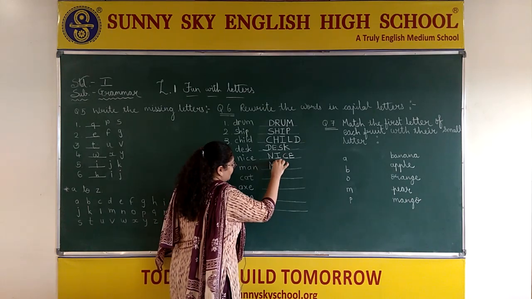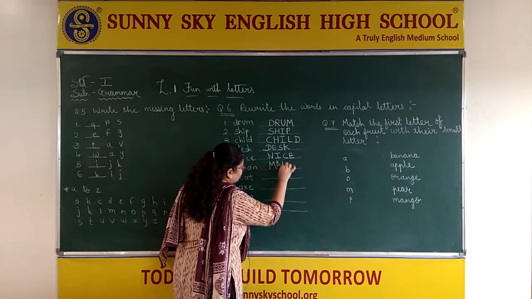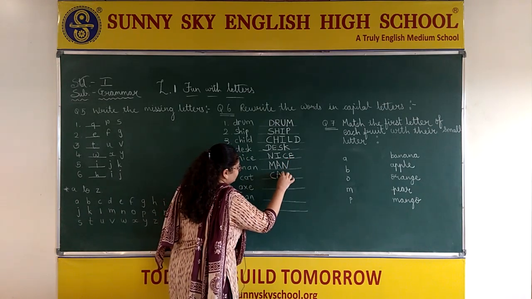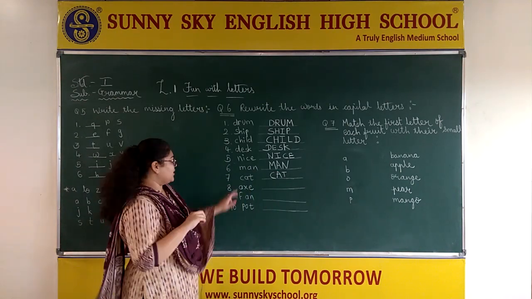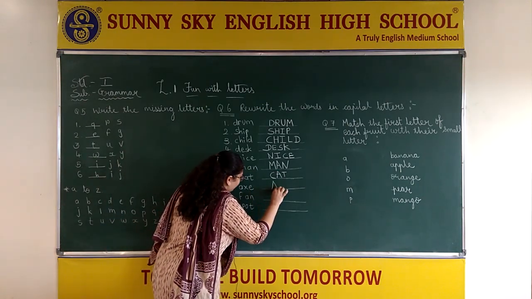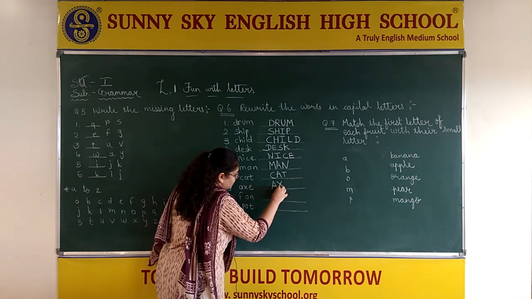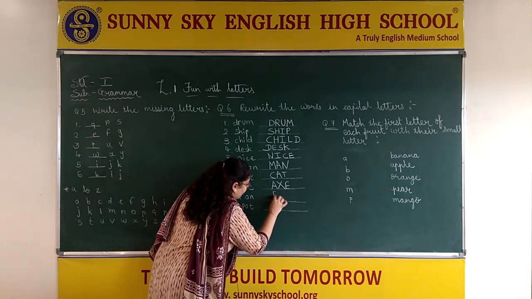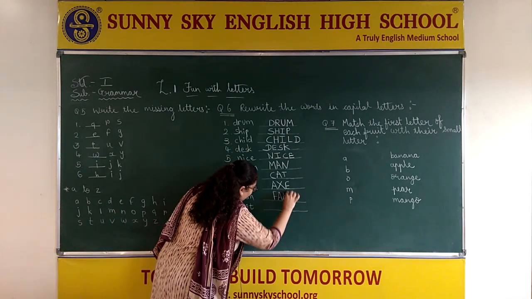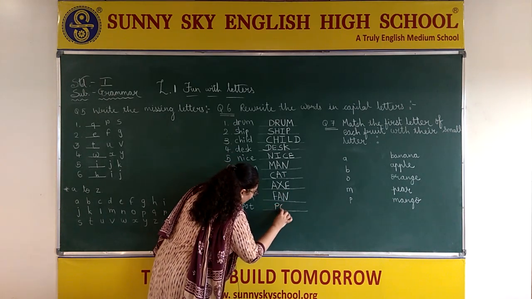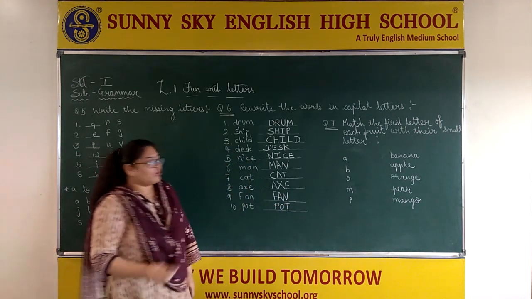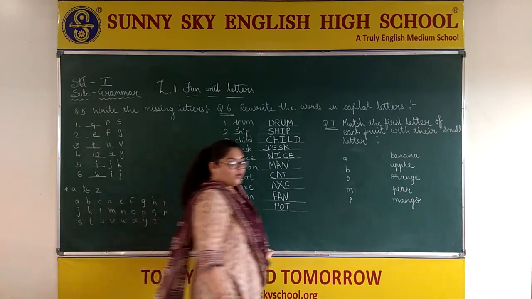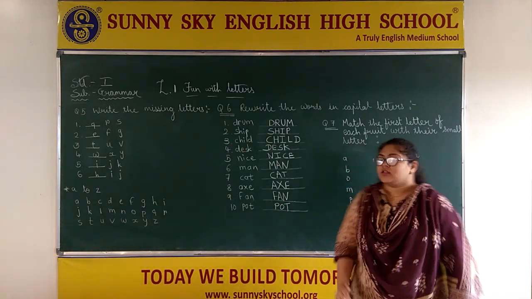Capital M, capital A, capital N. C A T. Cat. Next word is A X E, axe. Then fan. F A N. P O T. Pot. So this way we can rewrite all small letters in capital letters. Now have you understood how to rewrite the letters?